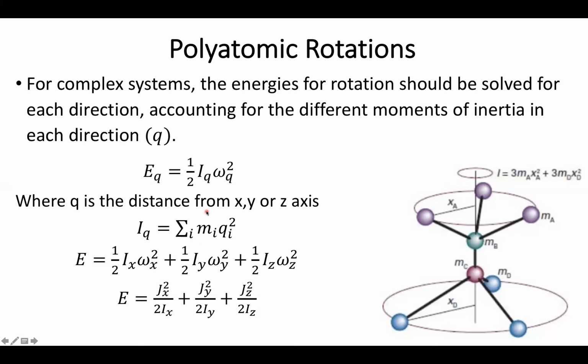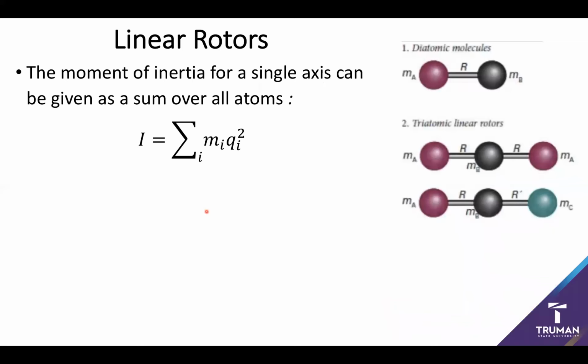And one of the reasons why is that this is going to involve some kind of tricky geometric math and physics. So a good place to start is going to be with a linear molecule, because who doesn't love a good linear molecule? This way I only have to really worry about one axis.